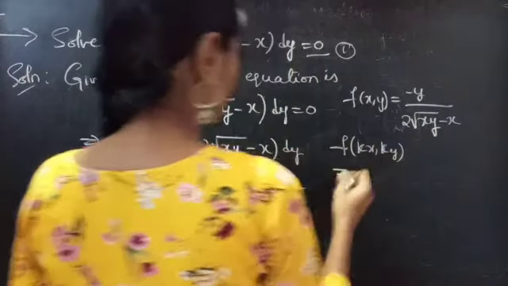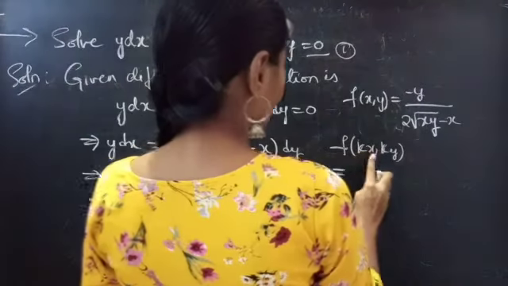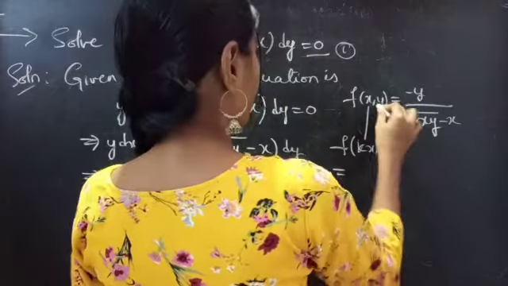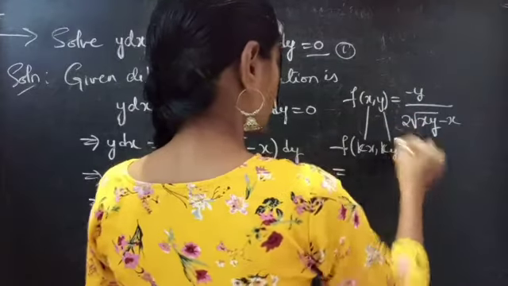Then f of kx and ky will be, simply substitute x equals to kx and y equals to ky.